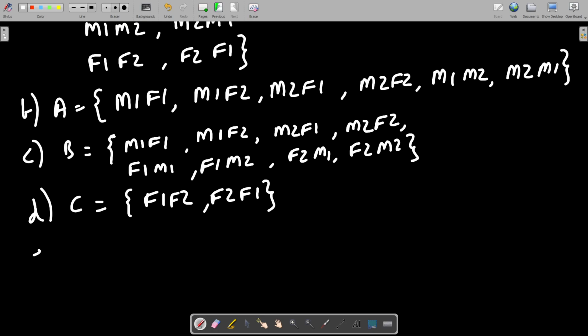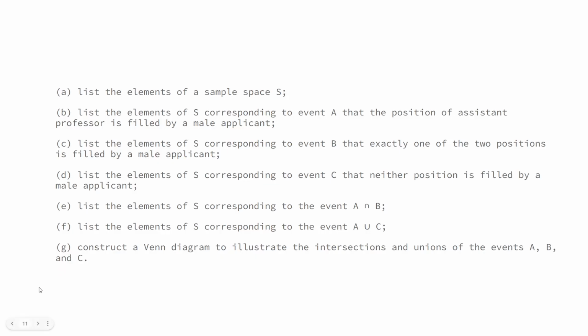Okay. Next is what? Now the remaining things I will do fast. Intersection, union and, yeah, last one is the Venn diagram.